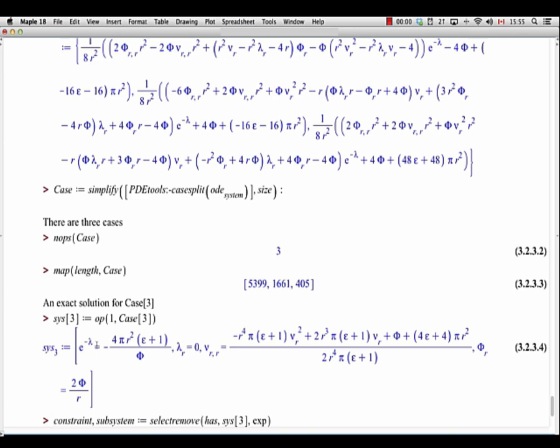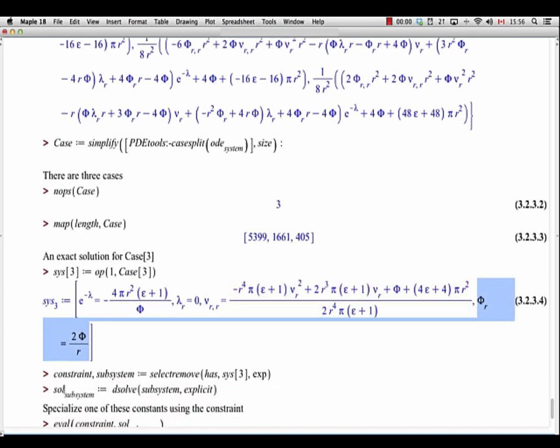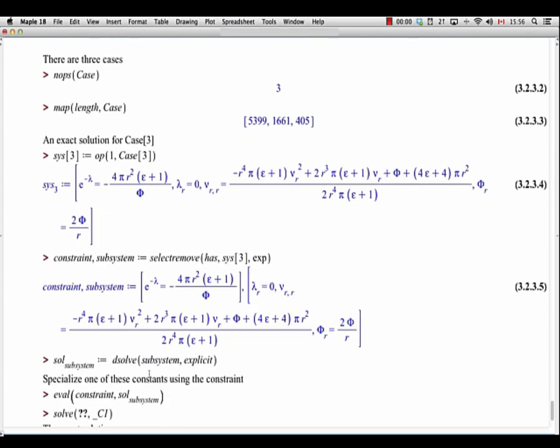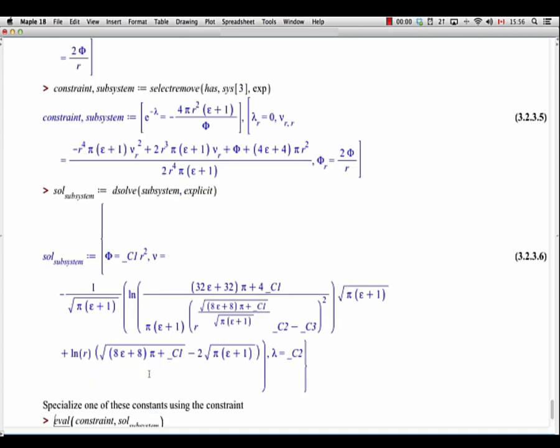We see that the first equation is just a constraint between lambda and phi. Then there is one differential equation that is easy, one second differential equation which is second order nonlinear and coupled with phi, and then a simple first order linear equation for phi. So we first split into the constraint and the subsystem. We solve the differential equations. They happen to be solved in exact form.